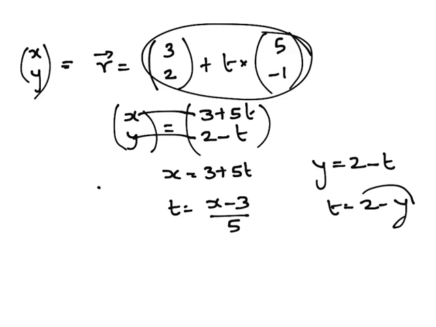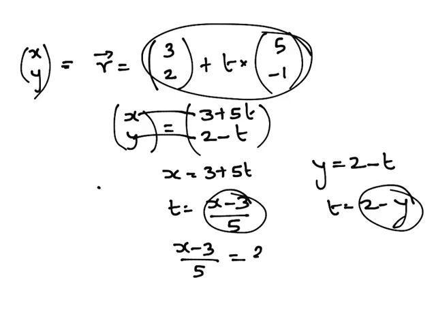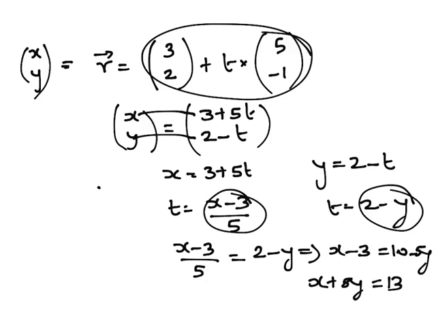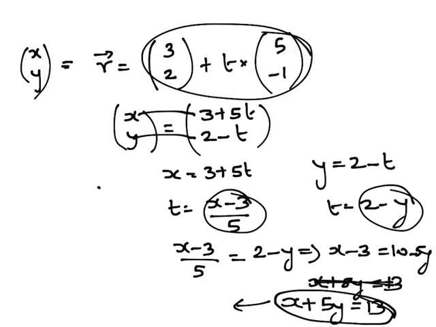So this is also t and this is also t, so I can equate them. (x - 3)/5 equals 2 - y. If you cross multiply, you will get x - 3 equals 10 - 5y. So you will get x + 5y equal to 13. So this is Cartesian form.